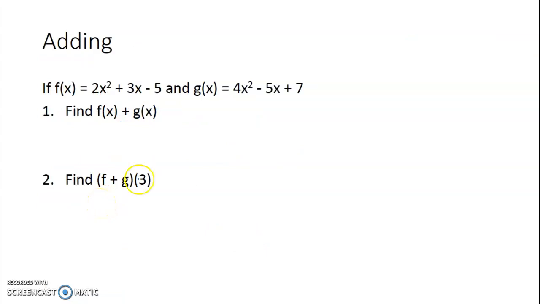Here I want to actually add them. So it says find f of x plus g of x. This function is f of x. And this function is g of x.